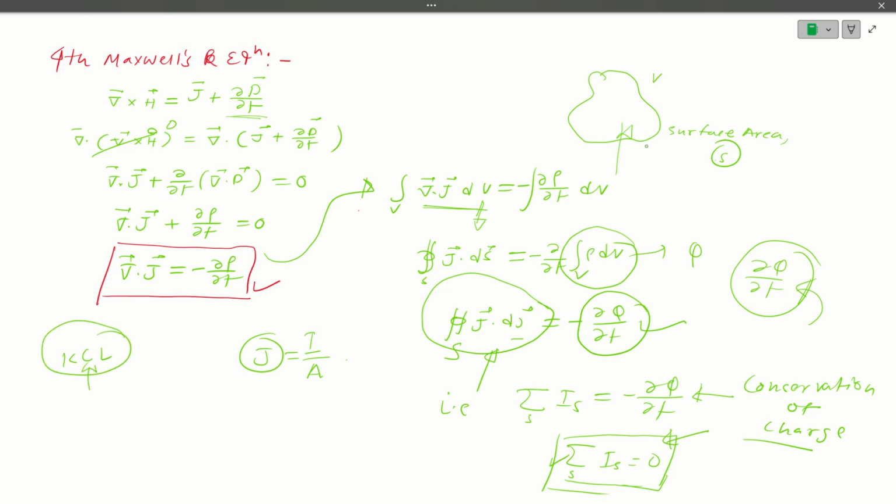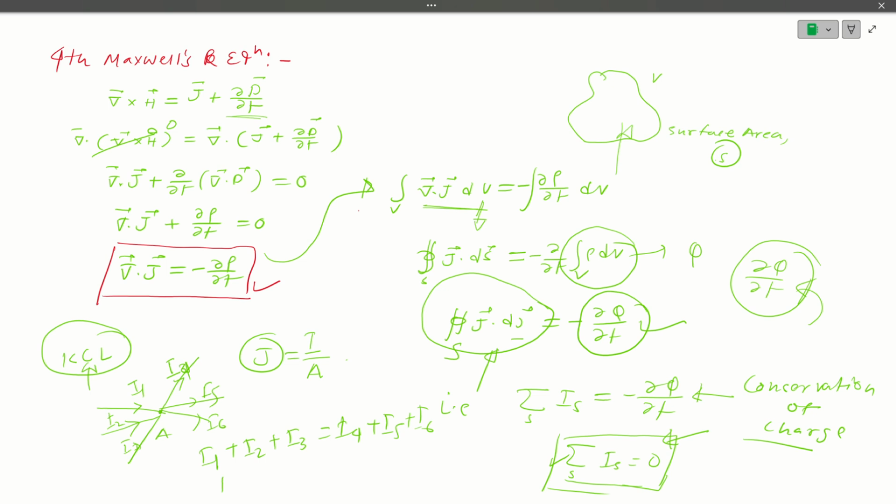Kirchhoff's current law states that if we have a node A, then the total incoming current at this node is equal to the total outgoing current. So if incoming currents are I1, I2, I3 and outgoing currents are I4, I5, I6, then we get I1 plus I2 plus I3 is equal to I4 plus I5 plus I6.